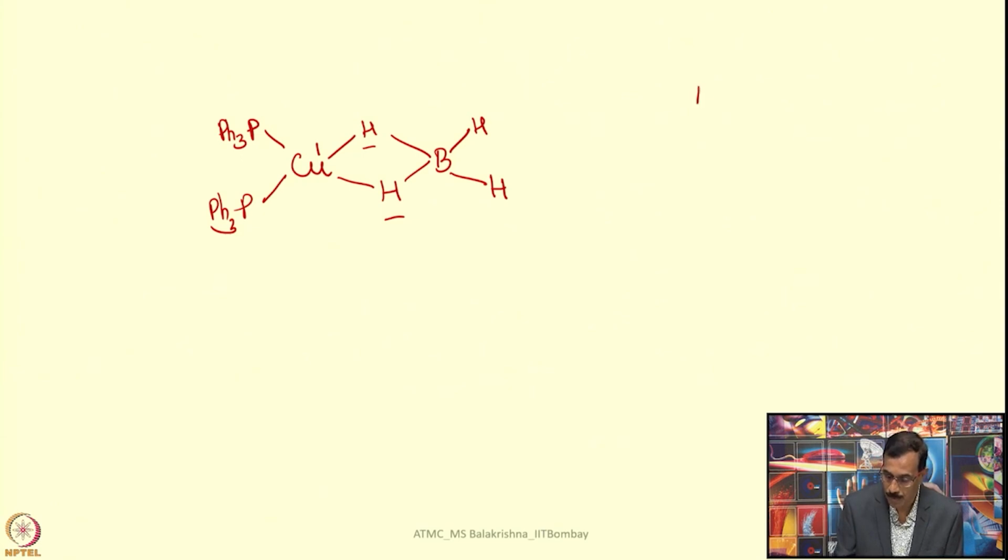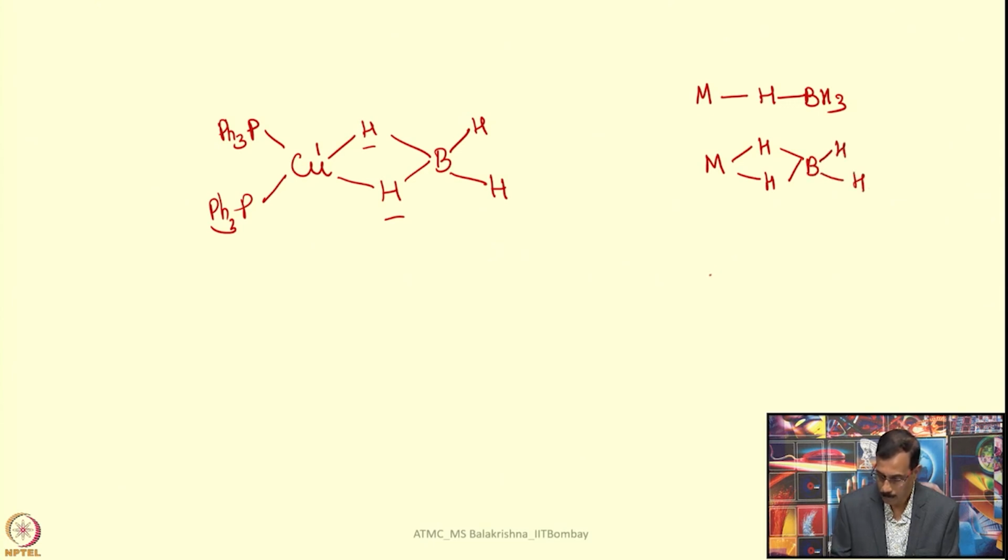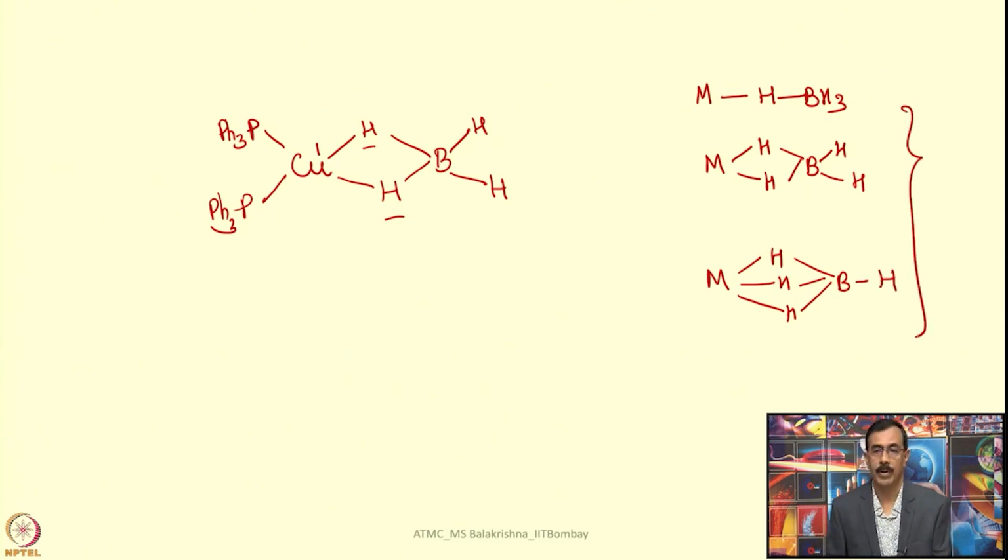That means if you take a typical one, one can have something like this, or one can also have something like this, or this. So all these 3 types of examples are known.